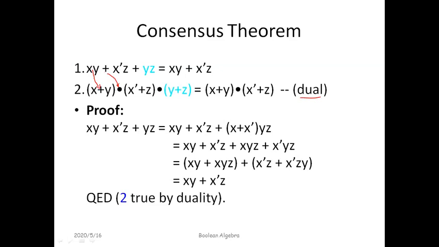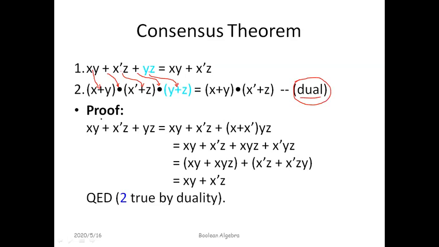Then we have the first variable and the second variable; in between there's a dot, and that dot has been converted into a plus. Then we have this plus converted to a dot. Then the y and the z, in between there's a dot, and that dot has been converted into a plus. So that's why we call it the duality property.